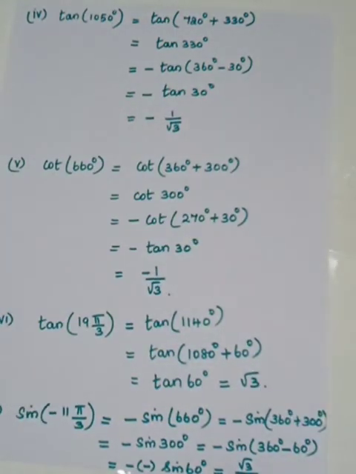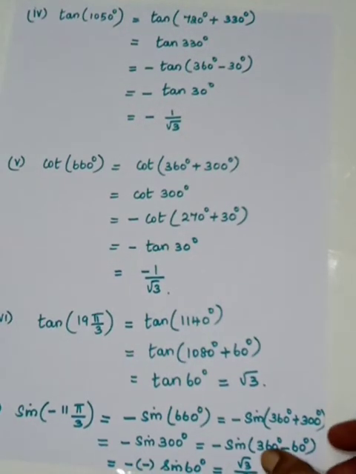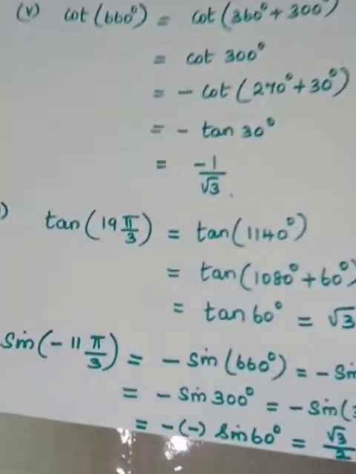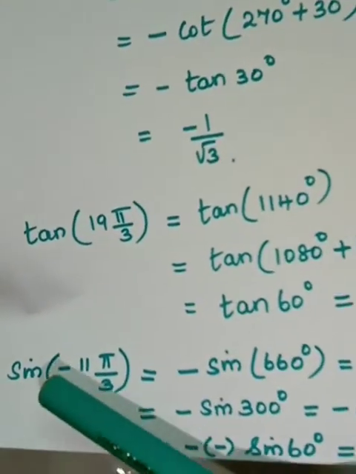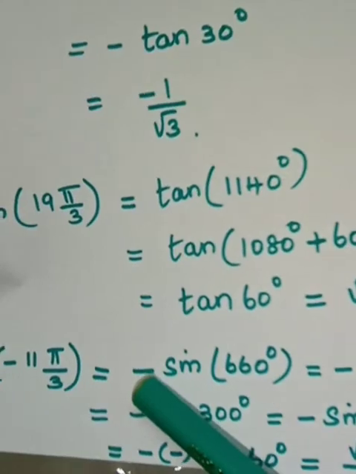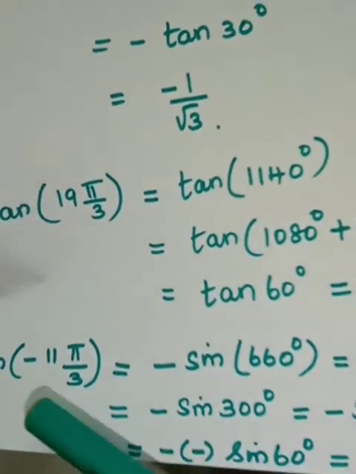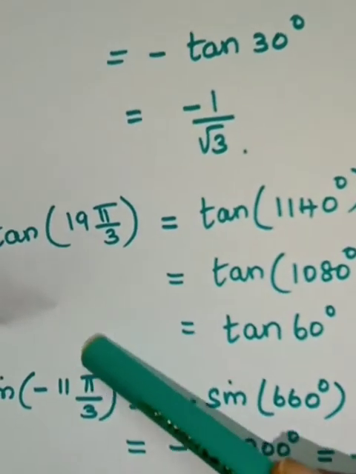Okay, come to the next one. Sine of minus 11 pi by 3. What's the first step? You have to use sine of minus theta. What is sine of minus theta? It is minus sine theta. So the minus is there, so it has to be evaluated as minus sine 11 pi by 3. What is pi by 3?